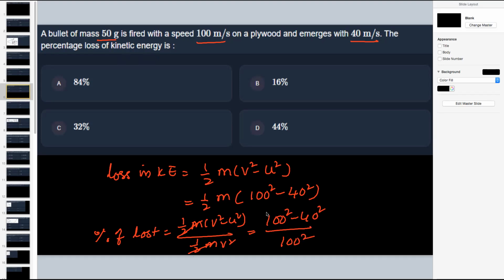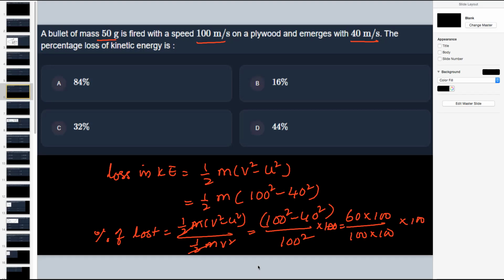Simply write 100 square minus 40 square as a square minus b square, a minus b into a plus b. So it is 60 into 140 divided by 100 into 100, and into 100 gives the percentage.